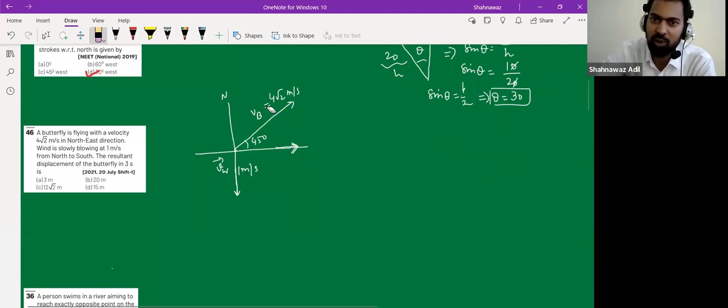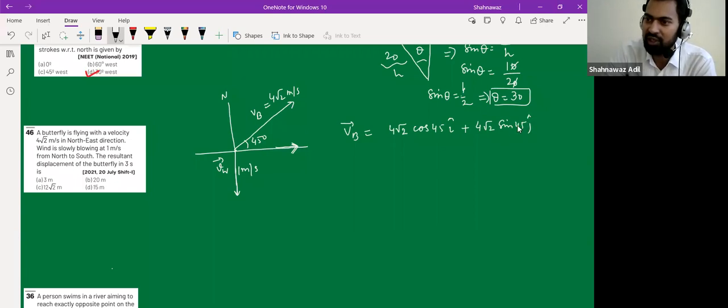So what will be the two components here? VB will be 4 root 2 cos 45 i hat and 4 root 2 sin 45 j hat, right? Yes, sir.